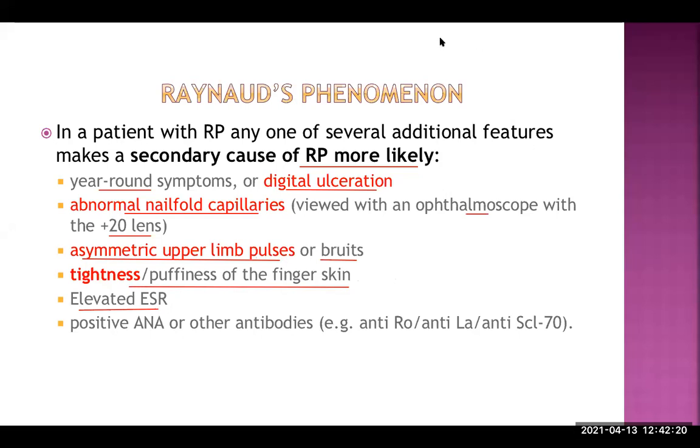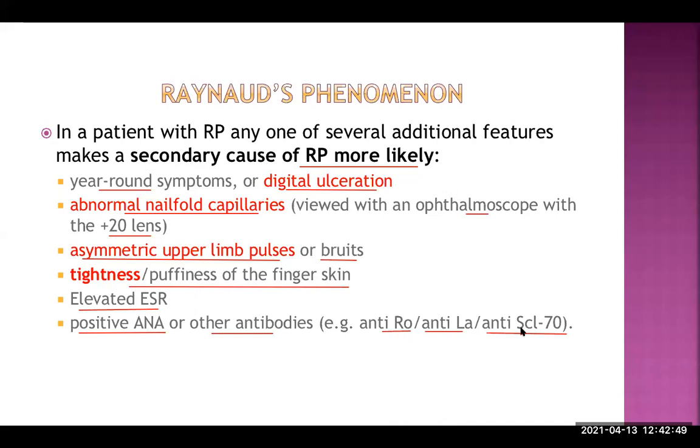ESR is high because of inflammation. And then positive ANA or other antibody, if you do investigation. See, ANA is very sensitive, highly sensitive, so it is present in probably 100% of the cases, but it may not pinpoint which disease is there. For that, I need to go for certain other tests like anti-Ro or anti-La or anti-SCL70 antibody.